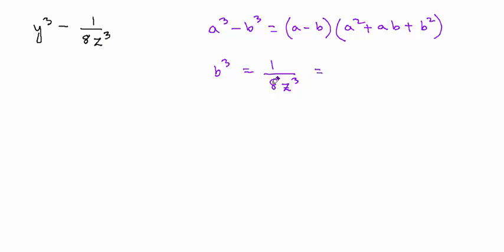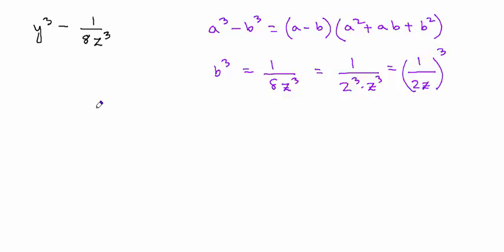Look at this number 8. 8 is 2 times 2 times 2, that's 2 cubed. Therefore, we can rewrite this as 1 over 2 cubed times z cubed. That simplifies to 1 over 2z whole cubed. Therefore, b is this fraction 1 over 2z.